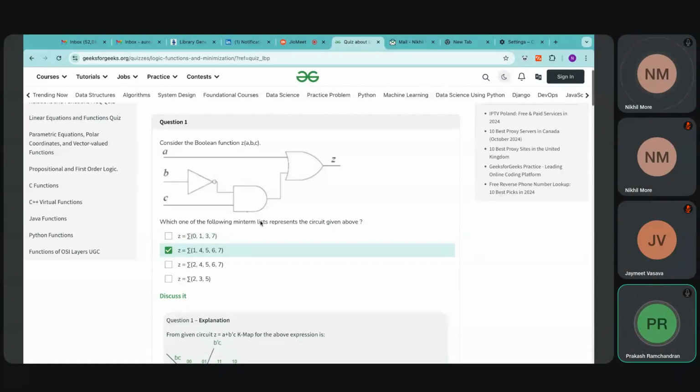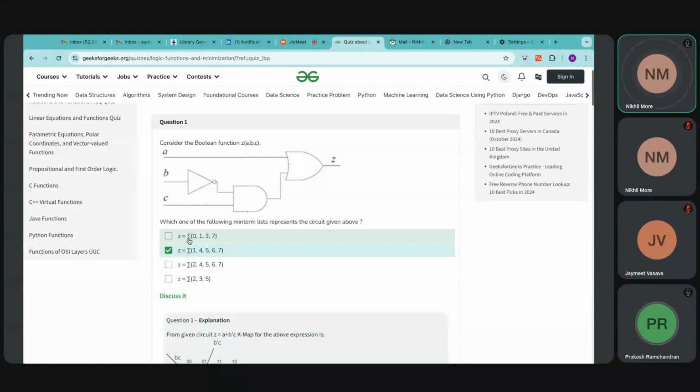When it is a product of sums, the smaller terms are sums. So A plus B plus C bar and the other smaller terms are combined together by AND gates. So A plus B plus C bar is ANDed with, say, A B C. And the terms here are called max terms, and the function would be denoted by a pi sign.